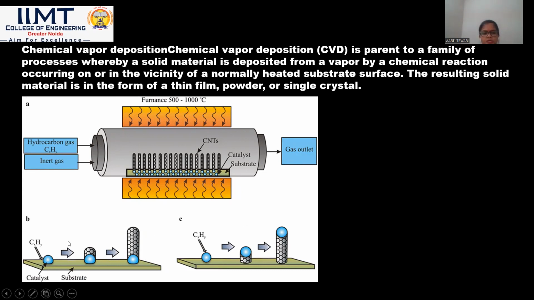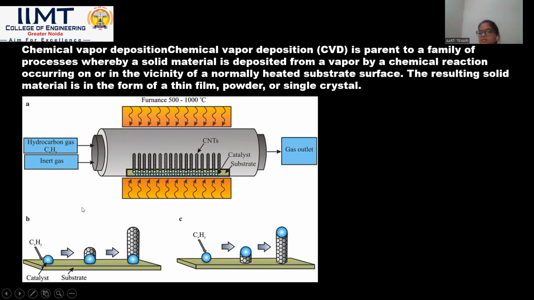So this is a CVD method for carbon nanotubes. Here you can see we have a catalyst, all those radicals come in and keep diffusing, and you get the nanotube. There can be a catalyst particle at the base, or a catalyst particle at the top, depending on the interaction of the substrate and the catalyst.